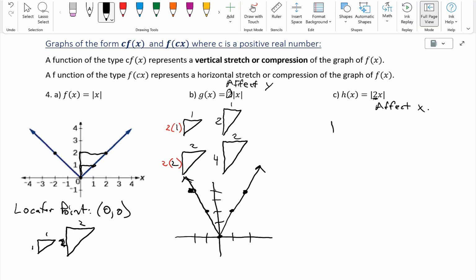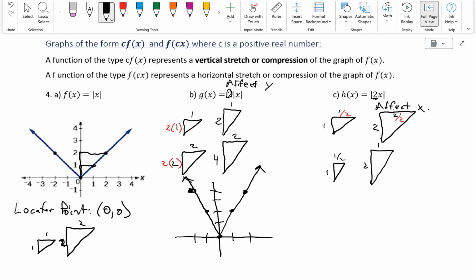So when we take our slope triangle, we had a 1, 1, and we had a 2, 2 for the absolute value. And we could do the negative going the other direction, but we can see hopefully they're the same here. We are going to actually divide the x values by 2 to get our new triangles. So we're going to have an up 1 over a half, and then we're going to have an up 2 over 1.